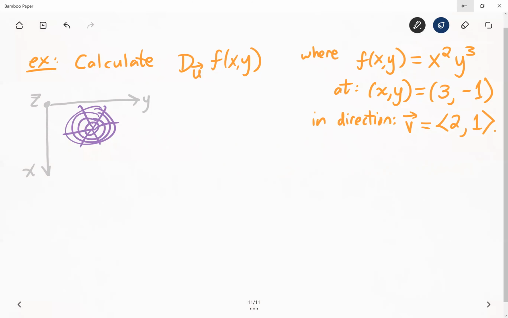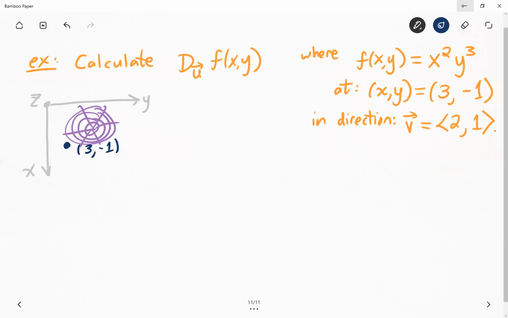And here's the point. This is nowhere to scale. Let's say this is 3, -1. So maybe it's not the point 3, -1. I know that. You know that. I can't see that. Right, so this is the point 3, -1.